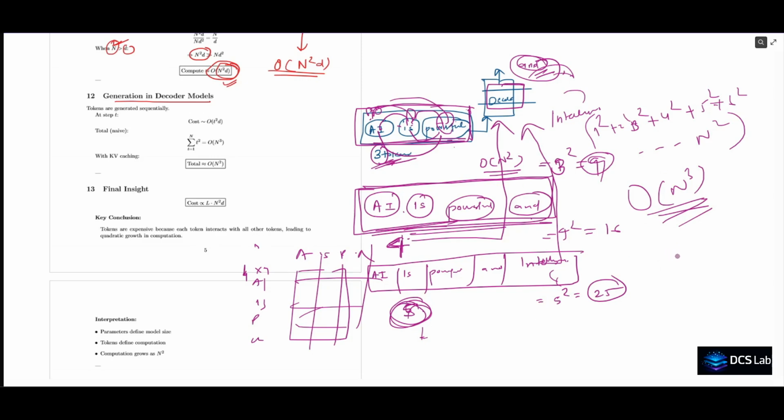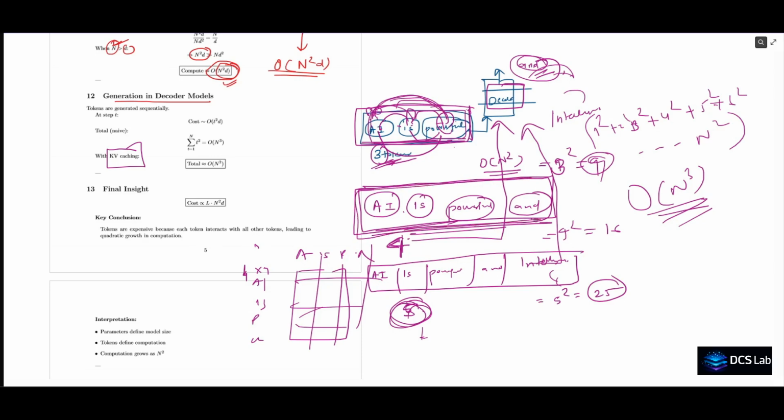So what is the way out? For optimization purposes, right now what we have is something called KV caching. So the idea is once you have calculated the attention of AI is powerful, right? You know the values of AI and powerful, how much the attention to be given, right? You don't have to recompute most of the attention scores here.